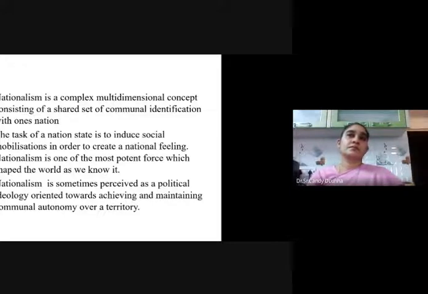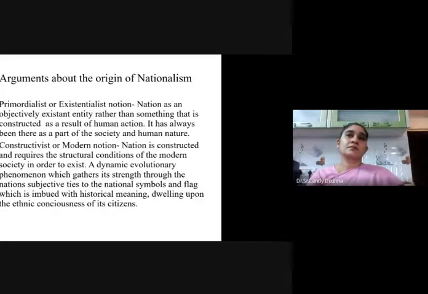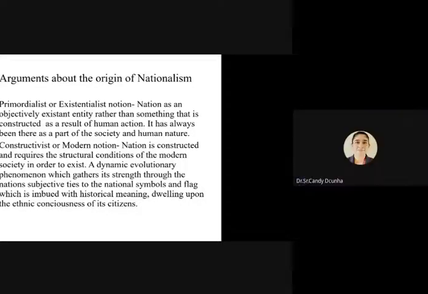So nationalism is sometimes conceived to be a political aspect, and the origin of this idea, we can say there are two kinds: the primordialist or the constructivist notion. The first idea considers nation as an objectively existing idea, rather than one created by factors which collude to form this idea.